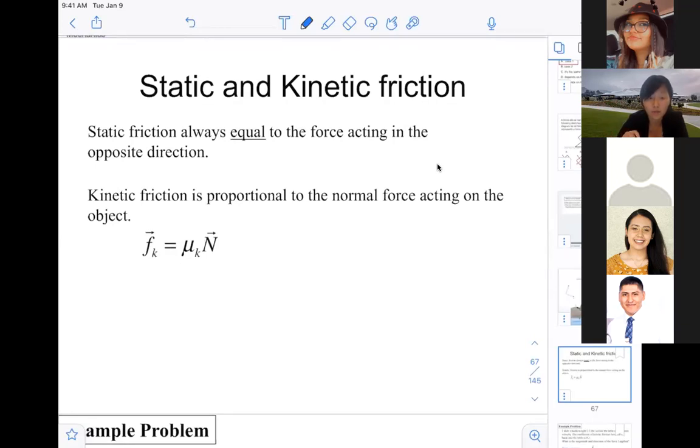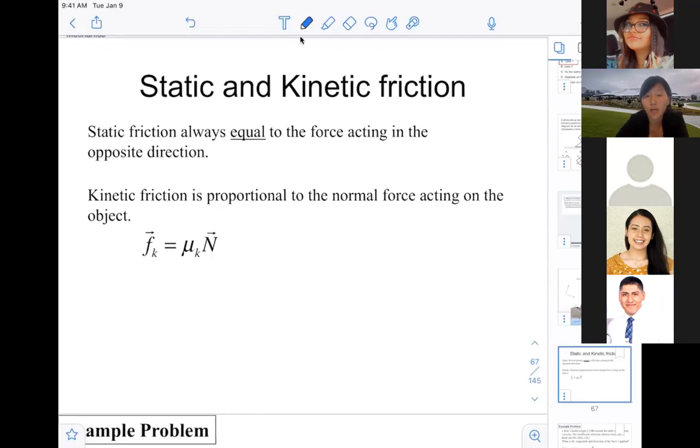Okay. However, the kinetic friction is a fixed number. It is proportional to a normal force acting on the object. So this is also quite intuitive. If you have an object sliding through the floor, if you want to increase the kinetic friction, make it more difficult to slide across, what would you do?